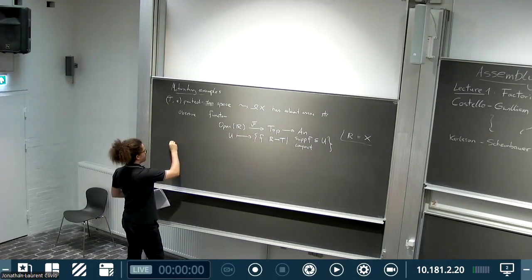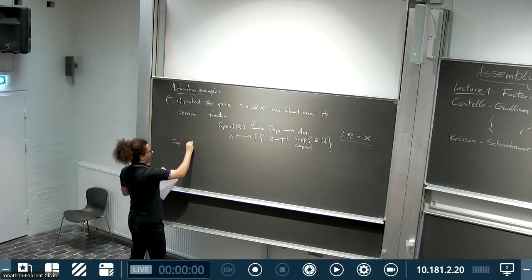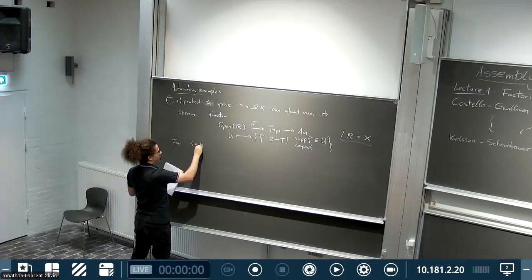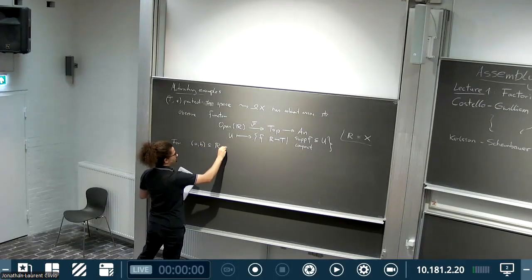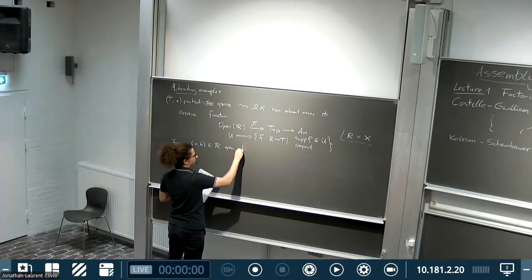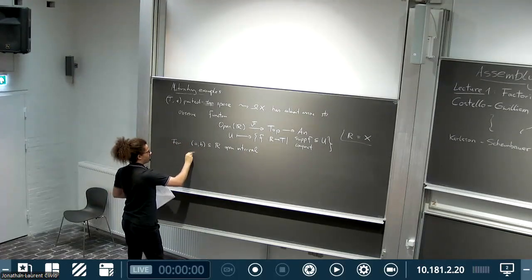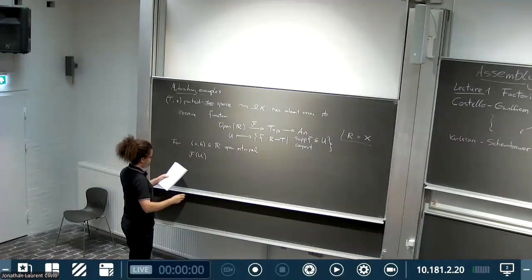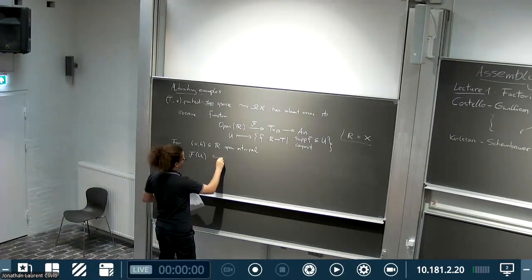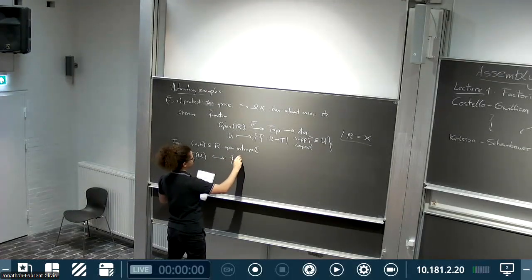If you now observe that whenever you have an open interval in R, and look at what the value on this open is, this will embed into the space of paths.